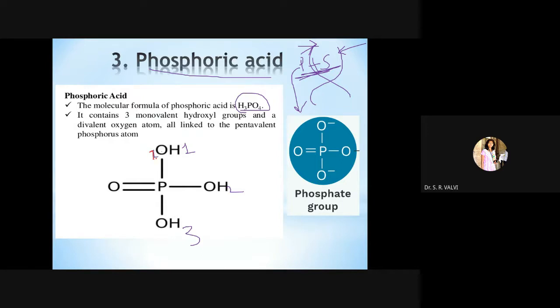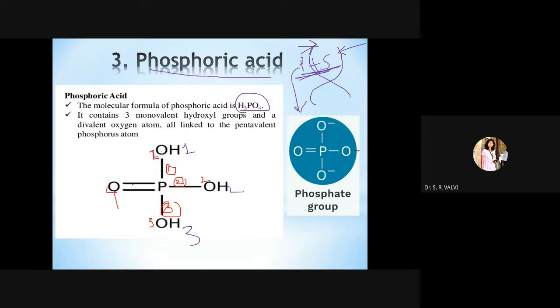This is oxygen 1, this is 2, then this is 3 and this is the 4th. So H3PO4 contains 3 monovalent hydroxyl groups, which have a single bond, and a divalent oxygen atom.